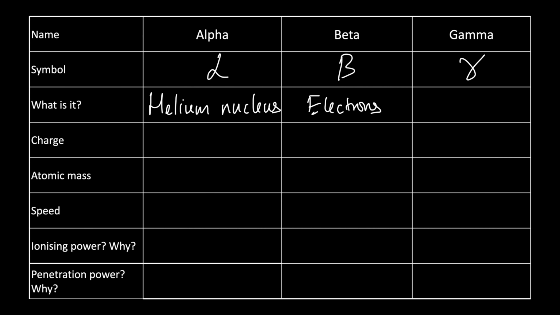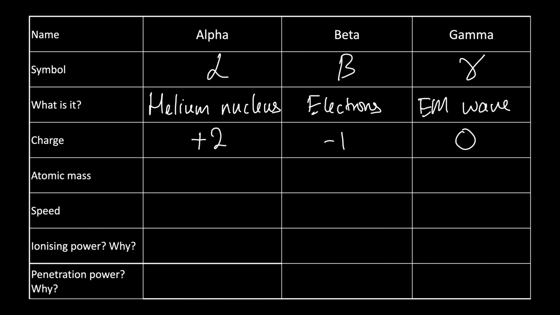And gamma is part of the EM spectrum, so it's an EM wave. As it's a helium nucleus, alpha particles have a charge of +2. Electrons, as we know, have a charge of -1. So would a beta particle. And gamma, as it's simply an electromagnetic wave, does not have a charge.